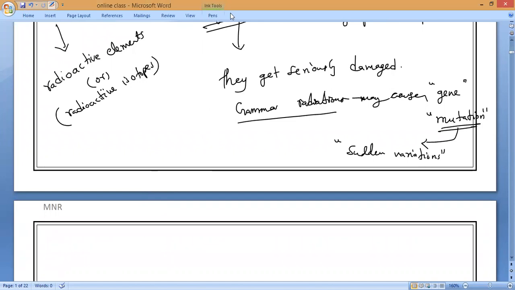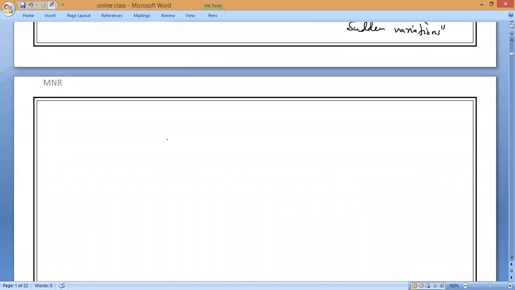Now, as we have very important applications with these radioisotopes, let us discuss what is given in our book, and we will study their uses also. So first, applications of radioisotopes.